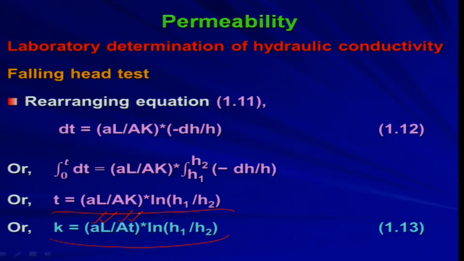T, basically you are observing at what time your head is falling from H1 to H2, and H1, the head difference at the starting level, you can record, and of course H2 you can record at the finishing of the test or at the completion of the test. So, if you know all the parameters you can find out the coefficient of permeability or the hydraulic conductivity.